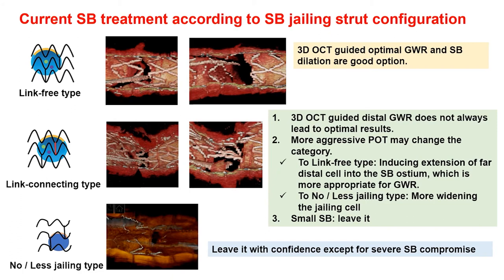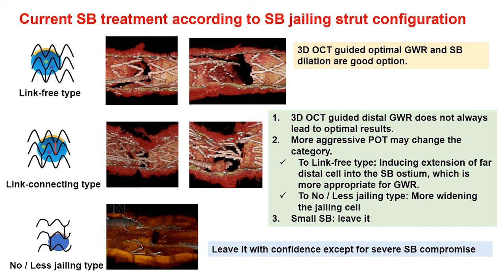Currently, we revise the classification of the jailing strut pattern and side branch treatment strategy. In addition to link-free and link-connecting types, we newly involve the no or less jailing type. In the link-free type, 3D OCT-guided distal wiring is strongly recommended.